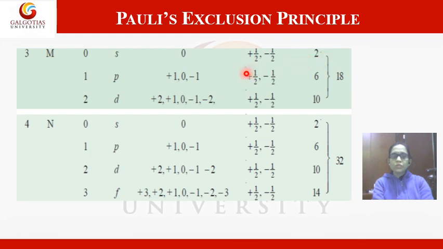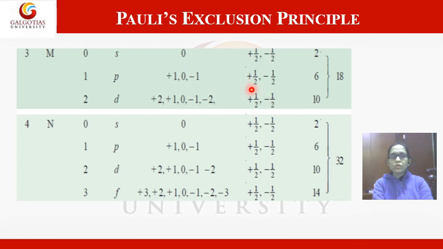Then the 3p orbitals: 3px, 3py and 3pz. Here n is 3 and l is 1 for all the p orbitals, but there is variation in the value of m: plus 1, 0 and minus 1 for px, py and pz. Each orbital can accommodate 2 electrons.